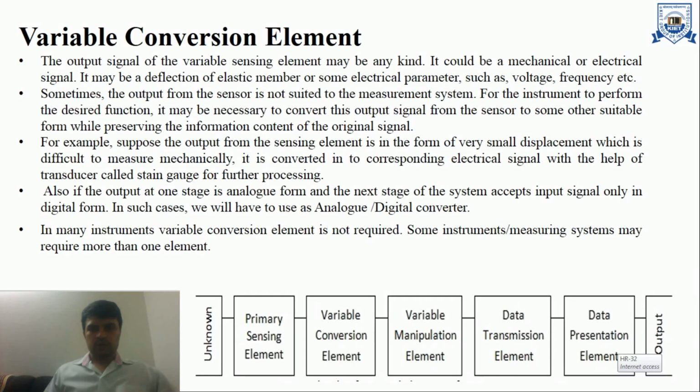Also, if the output of one stage is in analog form and the next stage of the system accepts input signal only in digital form, in that case we generally use analog to digital converters. In many instruments, a variable conversion element is not required. Some instruments or measuring systems may require more than one element.